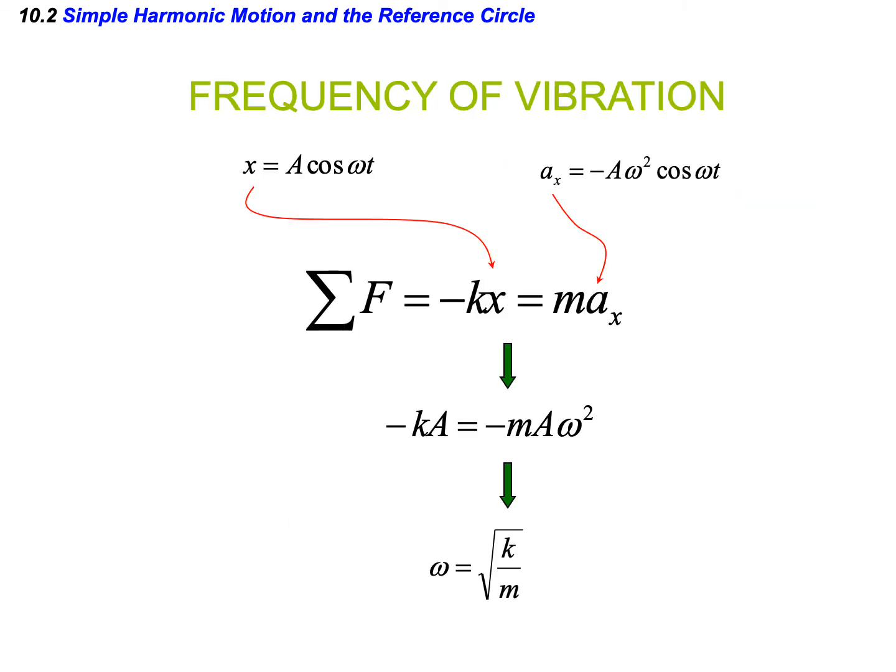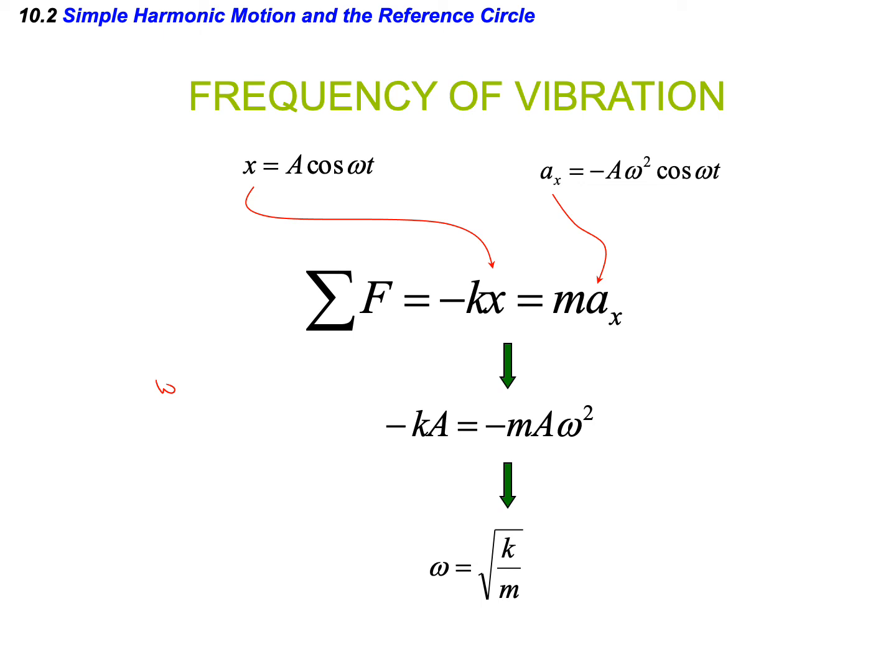Okay, so the frequency of vibration is how many oscillations, or how many waves, occur in 1 second, which is omega. We can derive this using a combination of Newton's law and Hooke's law. Hooke's law says force is equal to k, the spring constant, times displacement, and according to Newton's law, force is mass times acceleration.